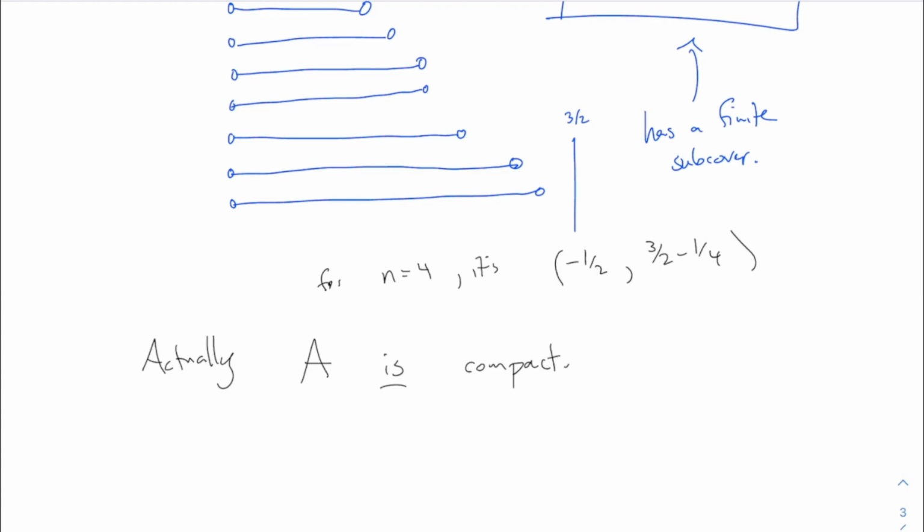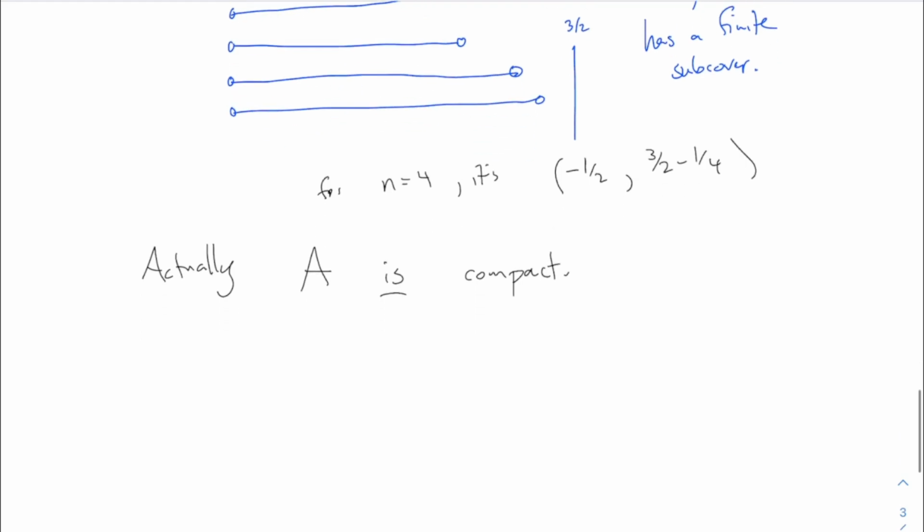I said it's hard to prove, although if you remember anything from real analysis, compact is equivalent to closed and bounded, and A is a closed interval and it's bounded. So I suppose you already knew that it is compact. That means this game that I'm trying to play with the finite subcovers actually is not possible for that set, because it is a compact set. All right.